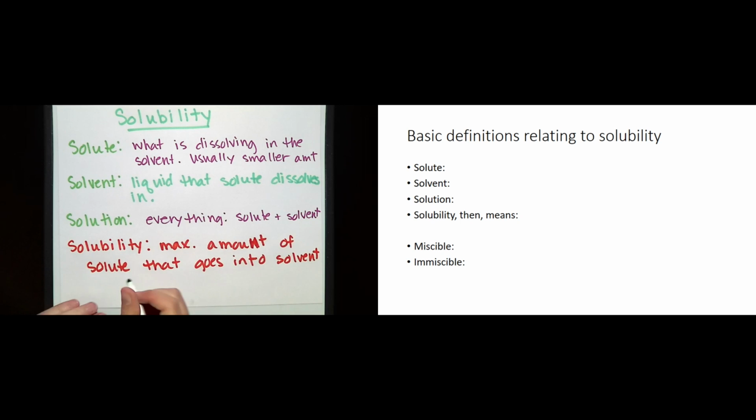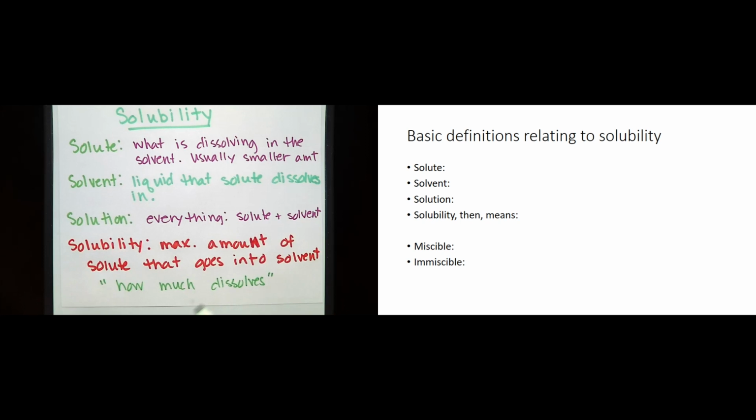Kind of generally we will just say how much dissolves. This is a little bit more general. Technically it's the maximum amount under those conditions, and that depends on things like temperature and sometimes pressure. Okay, so those are our basic definitions of solubility. So solubility is the amount of solute that goes into the solvent or how much dissolves.